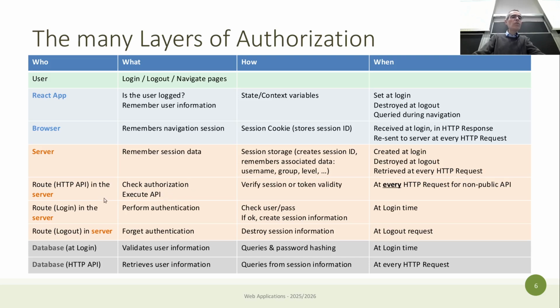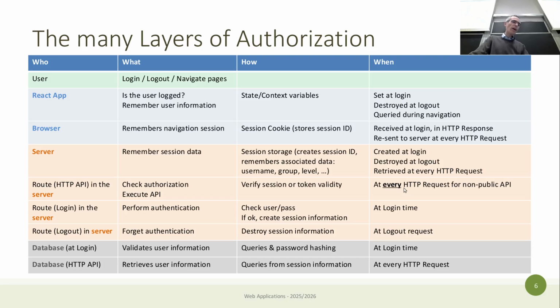And there are a lot of checks you need to do on the server side, because you need to check things at every HTTP request you receive for non-public API. Of course, if information is public, it just gets information. There's no check you need to do. But if you want to modify something, like before, we were adding a new answer.